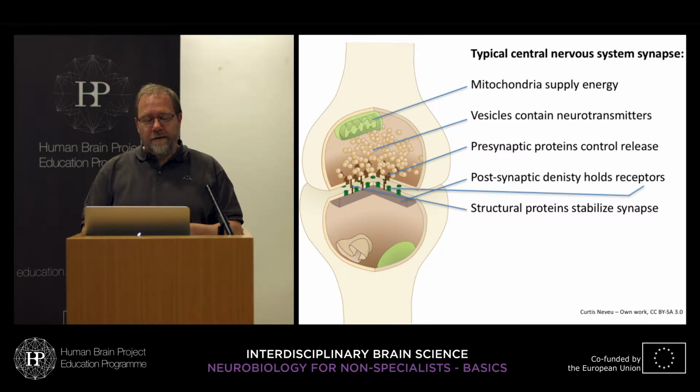On the other side, we find a structure which is called the postsynaptic density, indicated in gray. And this postsynaptic density is a very, very complex structure. It forms a scaffold for receptors to be put there, but also for proteins which interact with these receptors, which modulate the function of these receptors, and which allow proper signaling.